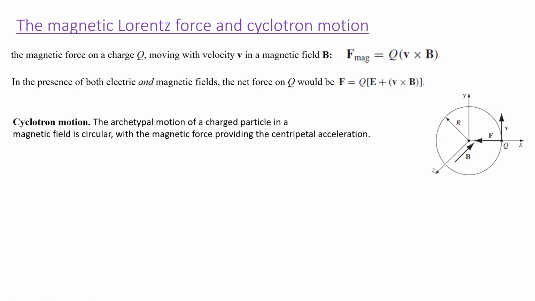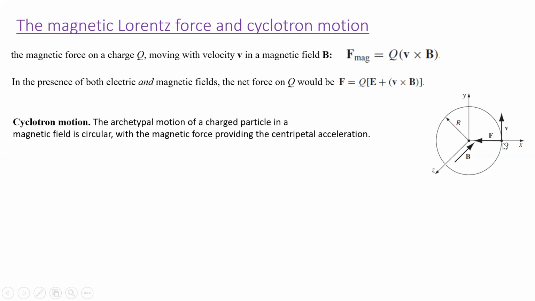this would be a positively charged particle. It's moving at the moment straight upward. The magnetic field is pointing into the screen in the minus z direction. Using the right-hand rule, which is a little bit difficult for me to illustrate here, with v straight upward and B backward, the force is going to point to the left on a positive particle.